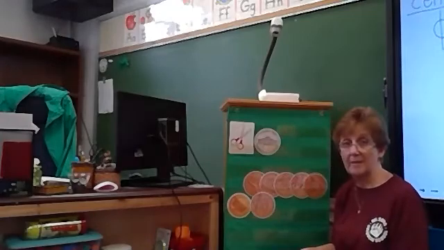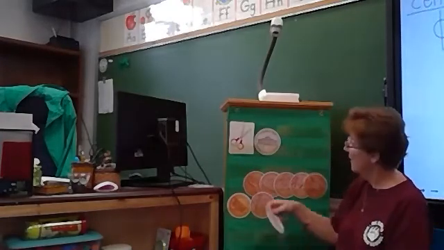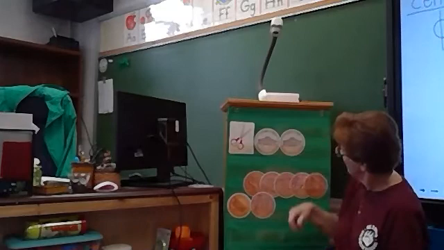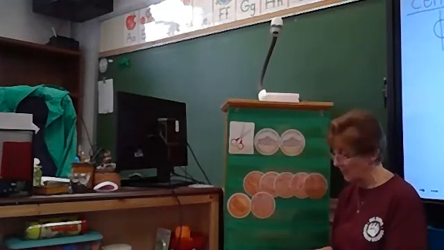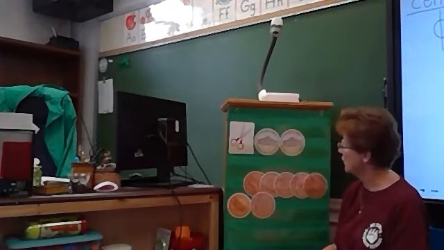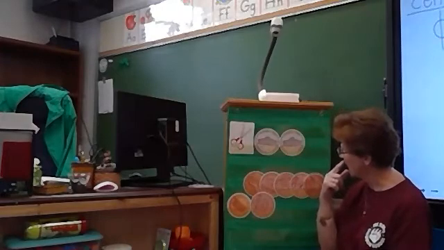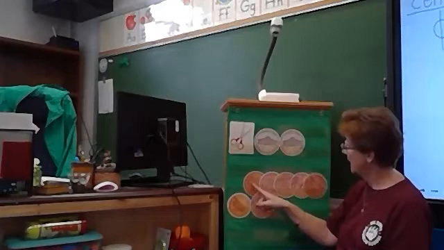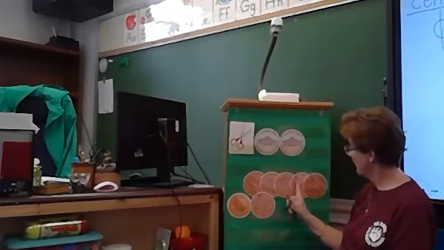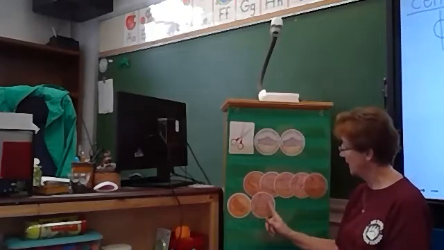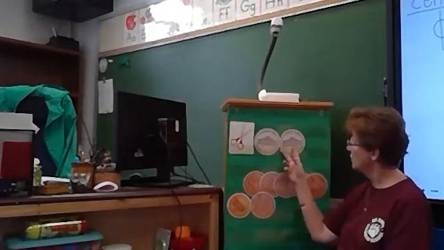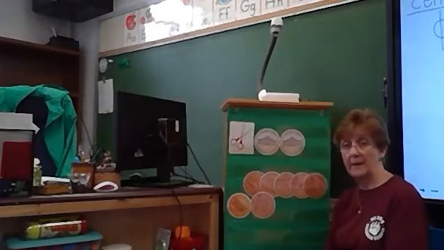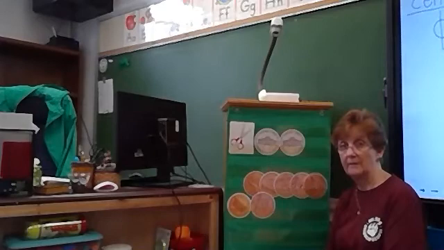I'm going to trade them in for a nickel because a nickel equals 5 cents, the same value as those 5 pennies I took off the chart. So let's count and make sure we have it. 5, 10, 11, 12, 13, 14, 15, 16, 17. There you go. 2 nickels and 7 pennies will give me 17 cents.